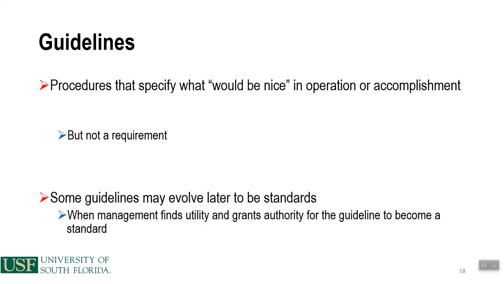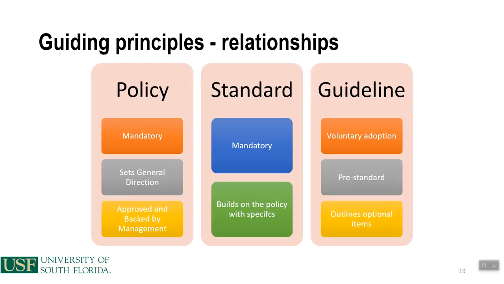Now, procedures that specify what would be nice in an operation or to accomplish it, but are not a requirement, are often referred to as a guideline. It's like a would-be-nice-to-have. Some guidelines may later evolve to be standards, depending on when the management finds the utility and grants authority for the guideline to become the standard. So if we take a look at all three, we've got the policy, standards, and guidelines.